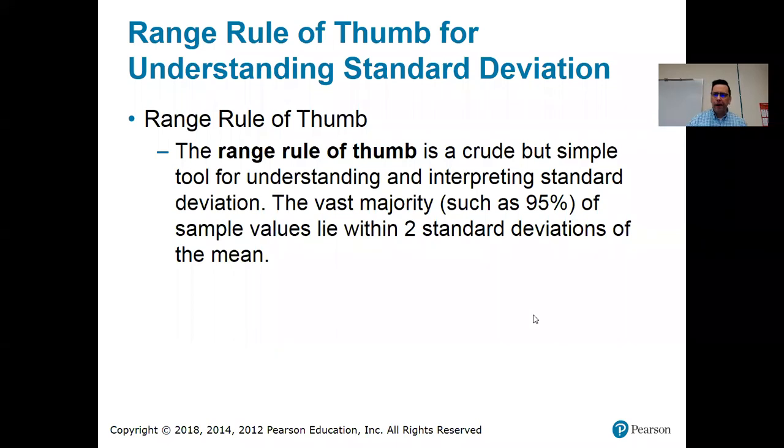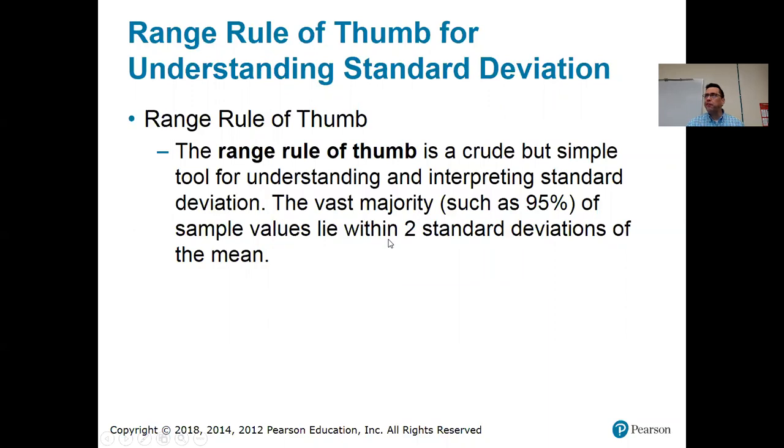All right, moving on. The range rule of thumb. I like how they describe this, a crude but simple tool for understanding and interpreting standard deviation. So with any distribution, the vast majority of sample values lie within 2 standard deviations of the mean.